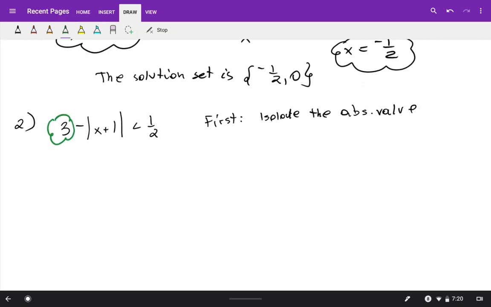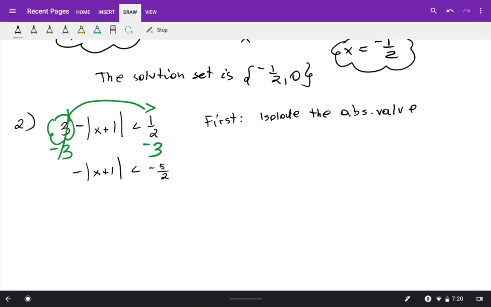So that 3 is going to be moved to the right side. I'm going to subtract 3 from both sides, and we have negative absolute value of x plus 1 is less than 1/2 minus 3. That will give you -2.5, which is -5/2.